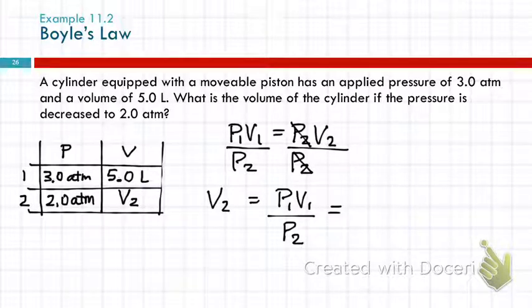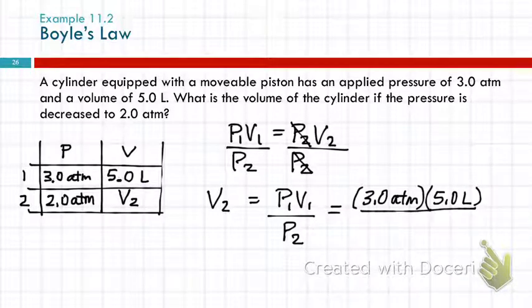Now all I have to do is look at my table and pull out the values. So I need P1, so there's P1, 3 atmospheres. Always write the units in your equations. Times the volume 1, 5 liters, divided by P2, and over here, there's P2.